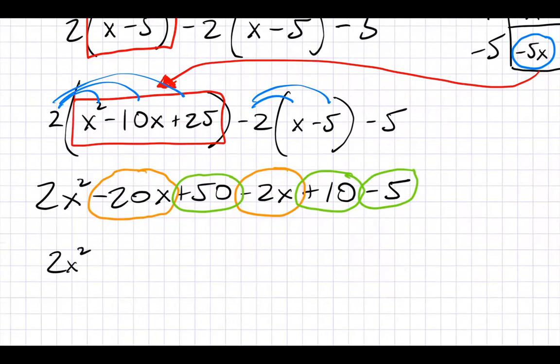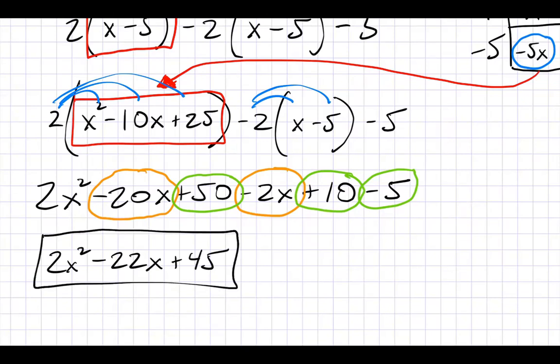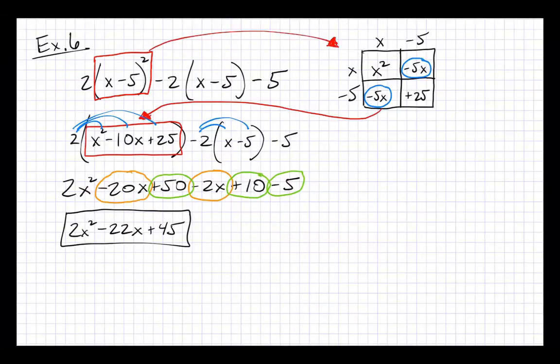Two x squared minus 22x plus 45. Okay. Now we did that one together. I want you to try one on your own now. This will be example number 7. This is the last thing we're putting here with you.